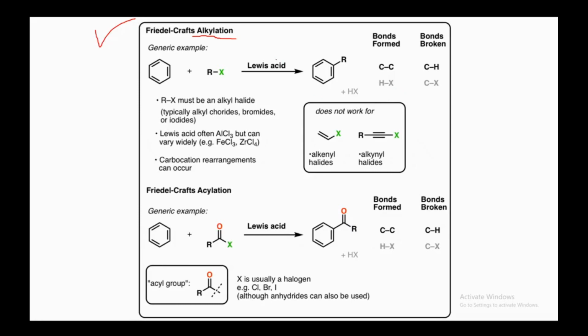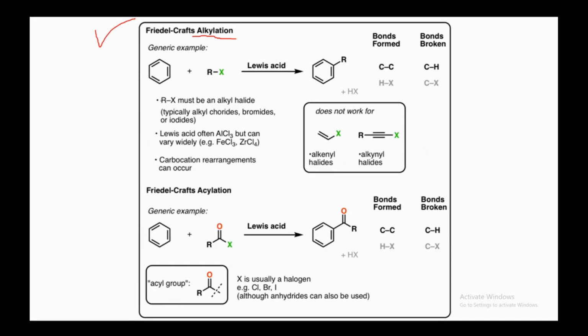So in short, we can add methyl, ethyl, propyl groups across benzene using Friedel-Crafts Alkylation, and in order to do that we would require number 1 benzene, number 2 alkyl halide, and number 3 Lewis acid, and if we mix these three things together then we will get the alkylated benzene.